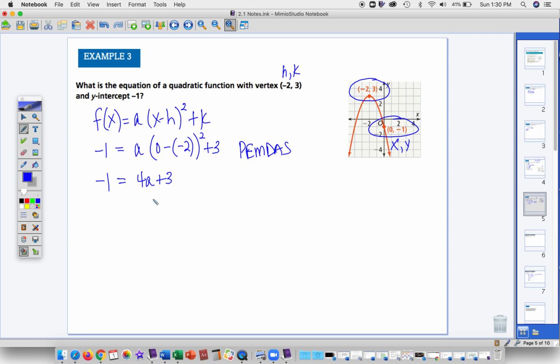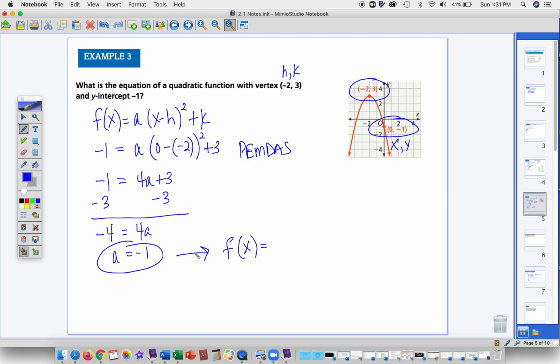Next, I am going to subtract. I want to get that 4a by itself. So I have -4 is equal to 4a. So a is equal to -1. So that was my whole goal, using these 2 points to plug in for h, k, x, and y, solve for a, and now I've done that. I know my a value, so I can rewrite the function in vertex form using -1.